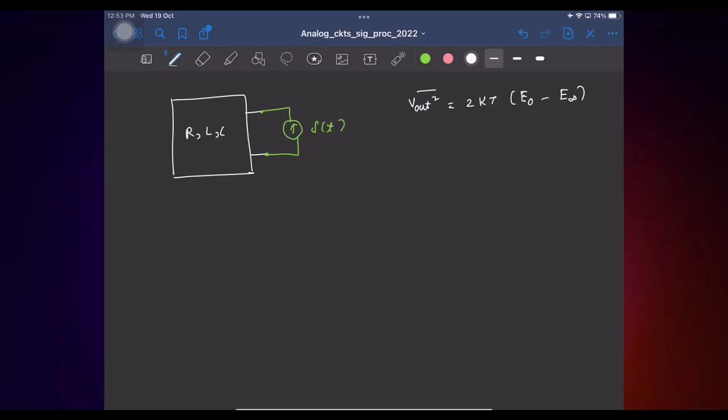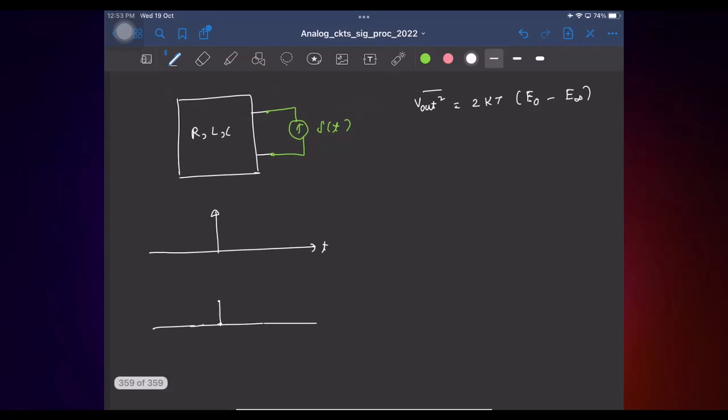It is flowing to the capacitors, right? So this is the time and this is the impulse current. V out of 0 will basically instantaneously rise, right? Because it's flowing to some capacitors.